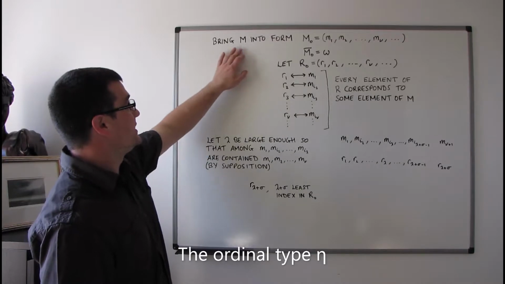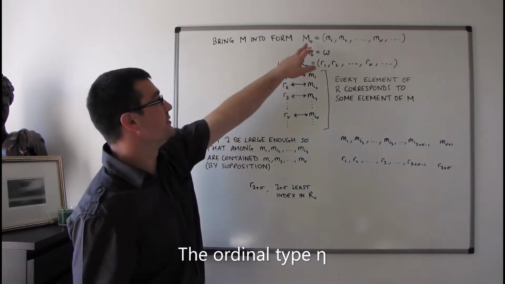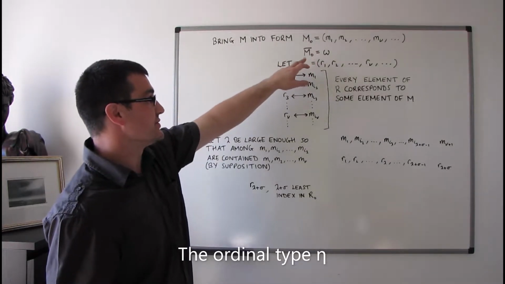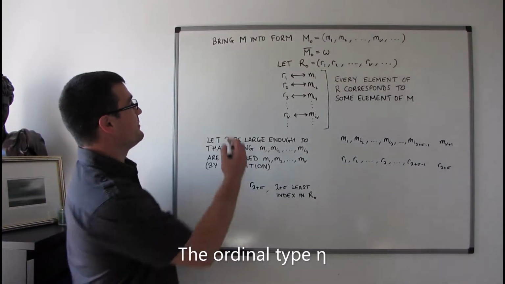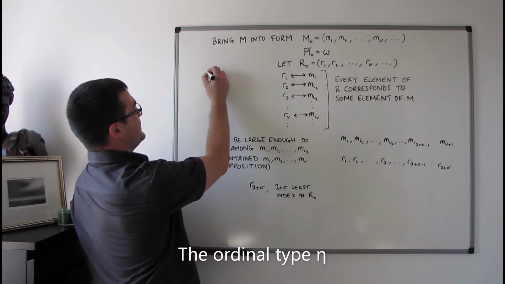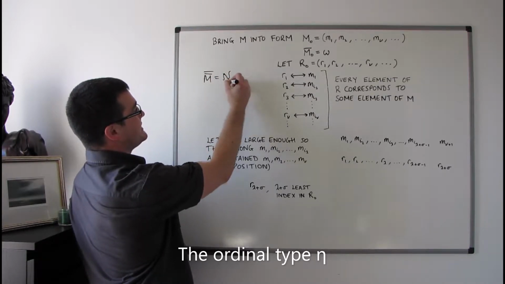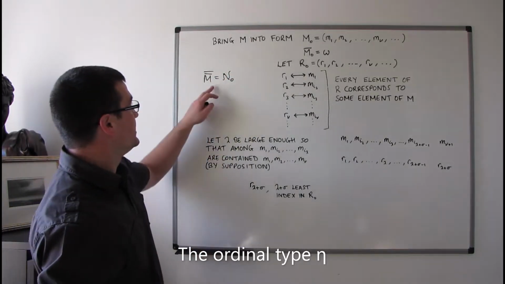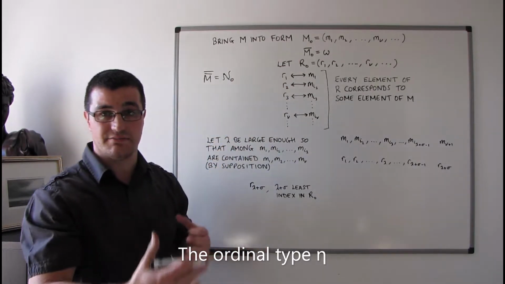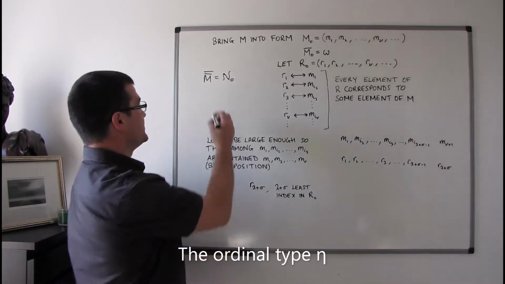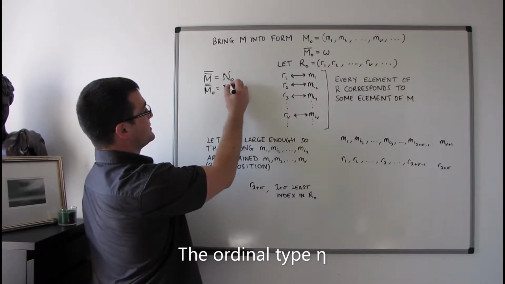So we start off by bringing our aggregate M into the form M naught, such that the ordinal type of M naught is equal to omega. Now, if we remember, the cardinal number of M is equal to Aleph naught, and with M naught just being effectively a rearrangement of the elements, the cardinal number of M naught is also equal to Aleph naught.